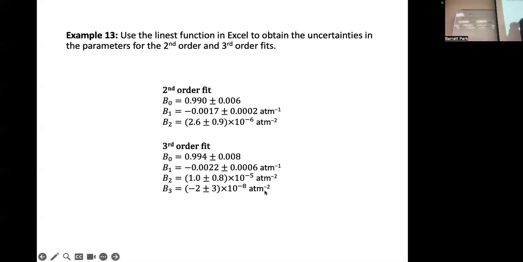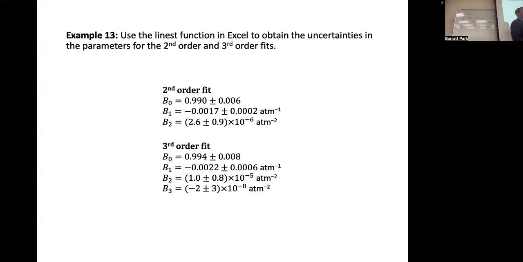So, these first two coefficients have parameter values that are larger than the reported uncertainty. That's usually the case. But notice that the B2 parameter is only barely larger than the uncertainty in the B2 parameter. And the B3 parameter that we got is actually smaller than the uncertainty in B3.